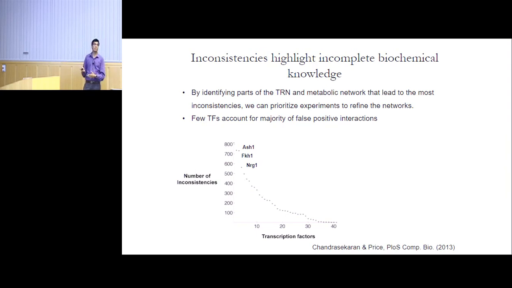But using GEMINI, we were able to identify where the source of error is. We were able to find that these 3 transcription factors and their networks were responsible for thousands of errors that we observed during our modeling. So then we can focus our experimental curation on these 3 regulators alone, and we can resolve thousands of inconsistencies that we observed during our modeling.